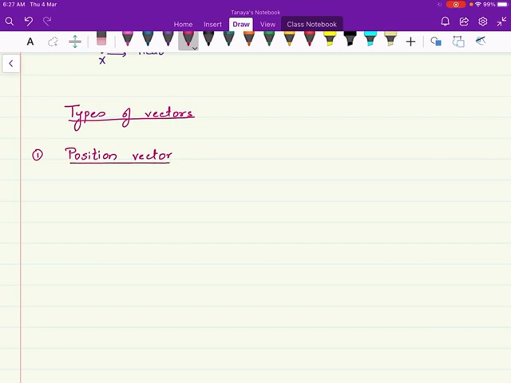Position vector is a vector which gives the position of a particle at a point with respect to the origin of a chosen coordinate system. We choose a coordinate system. So, if a certain particle has moved from this point to this point, it has moved from one place to another. So how will I give the position vector of the particle?